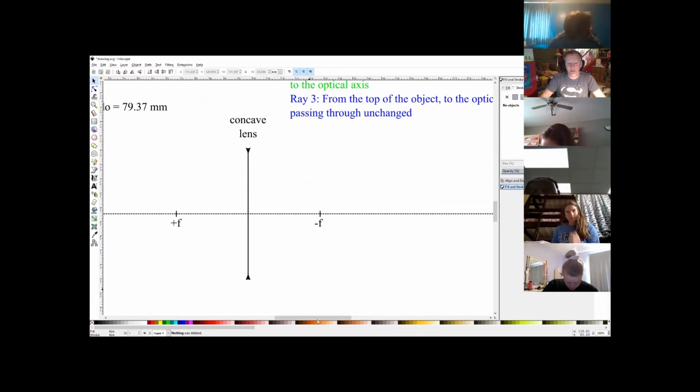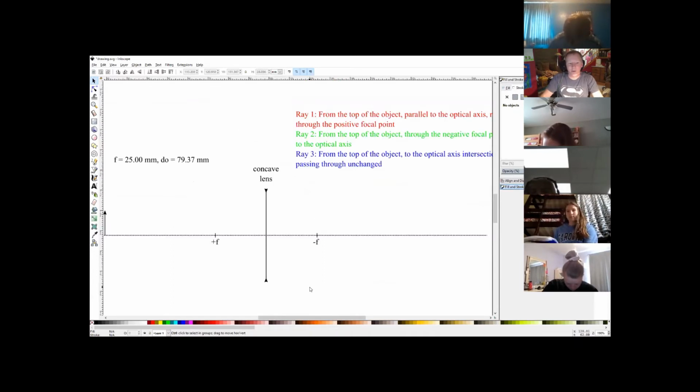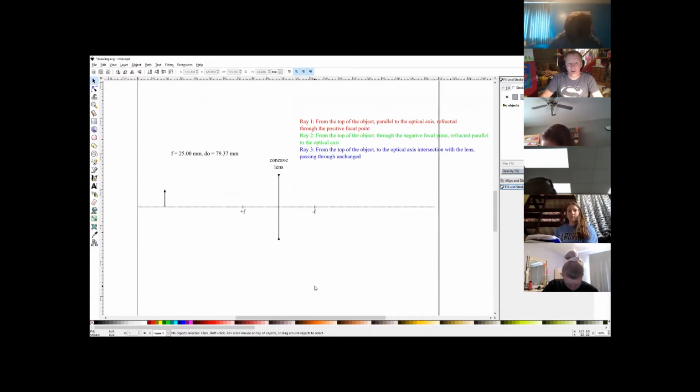This works just for thin lenses where the radius of the lens is a lot larger than the thickness of the lens, but it works really, really nicely. So from this concave lens, the only thing we have to change is where the positive and negative are. Because they're curved in an opposite way, the positive is actually on the left, the negative is on the right. But then our rules are applied in the exact same fashion.